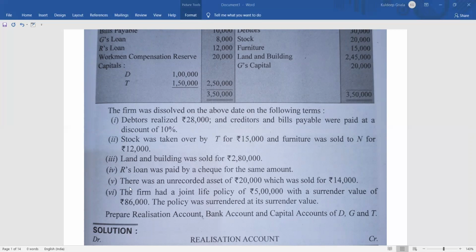Fine, we are finding out about assets. There was an unrecorded asset of 20,000 which was sold for 14,000. This 14,000 also we got. So what are the things we got? 28,000 of debtors, 12,000 of furniture, 2,80,000 of land and building, and 14,000 of unrecorded asset. Joint life policy will be shown separately.